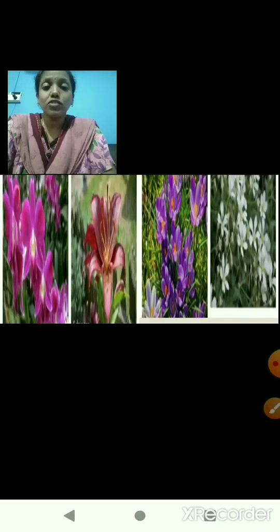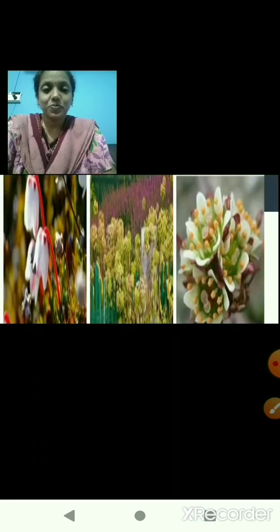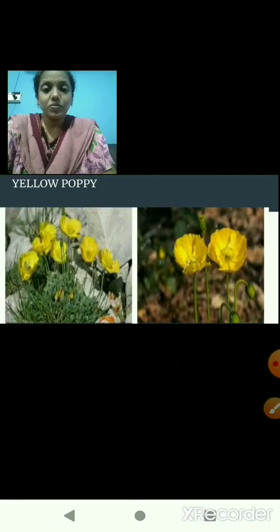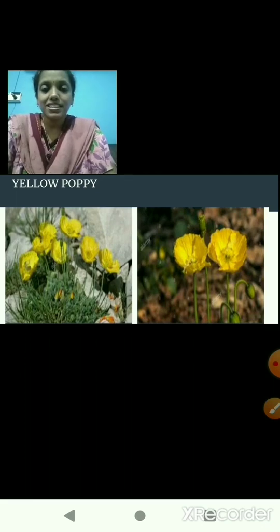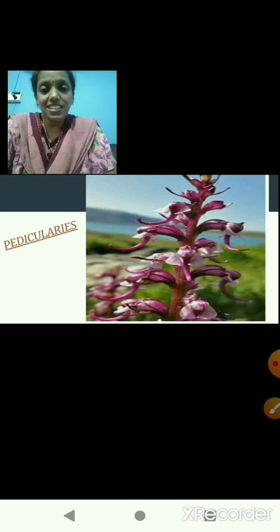The images of the flowers are here on the screen. Here we have a kind of flower that is yellow poppy. And here is pedicularis. Children, what is the other name for this flower? Do you remember? Yes, elephant head.